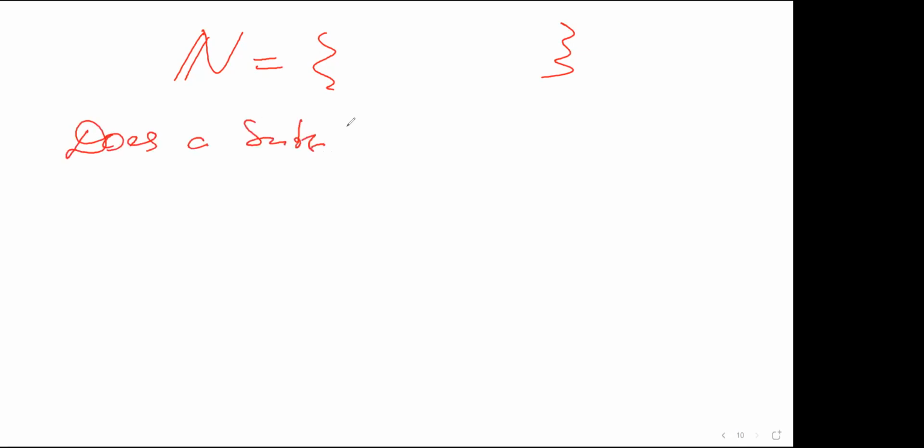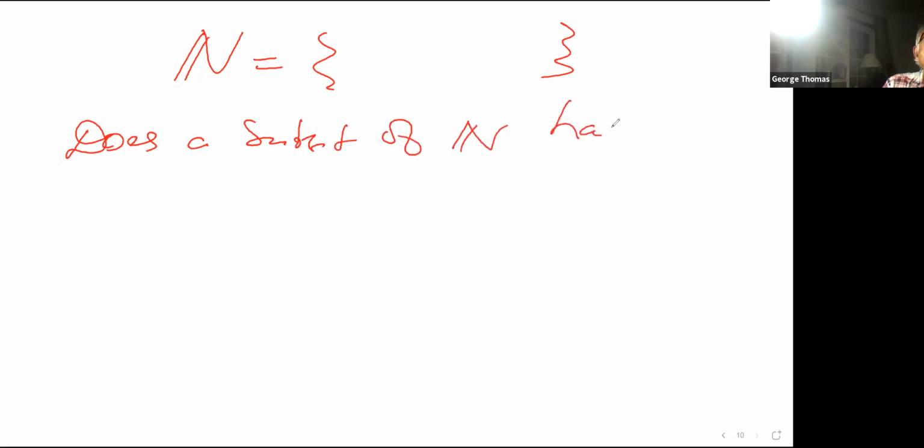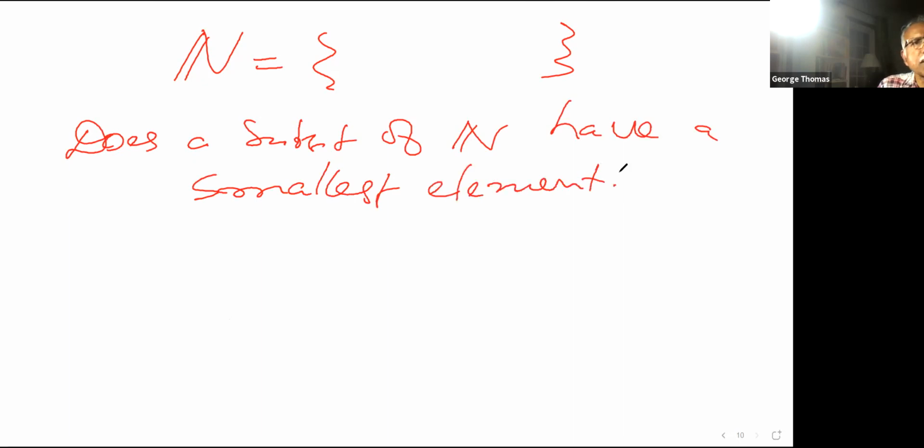If you take the natural numbers, you know what that is. If you take any subset of it, does it have a smallest element? Yes. Intuitively, we feel it has.